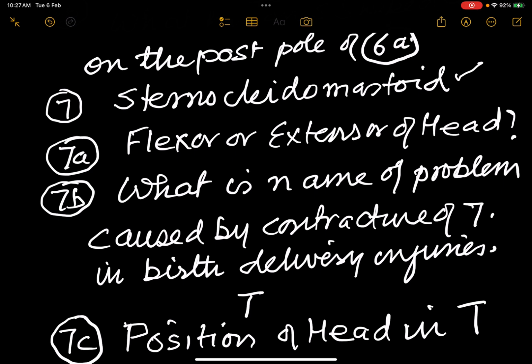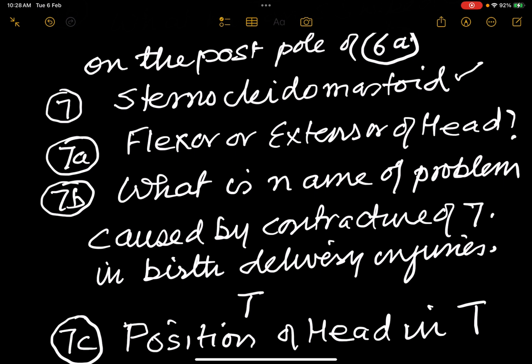The fibers that arise from the sternum and go to the superior nuchal, lateral part of the superior nuchal line, are posterior to the axis of flexion extension, which passes through the center of the occipital condyles, and therefore they extend.